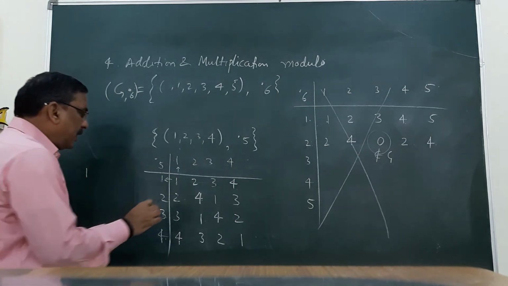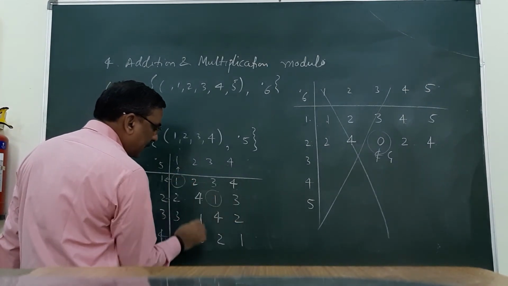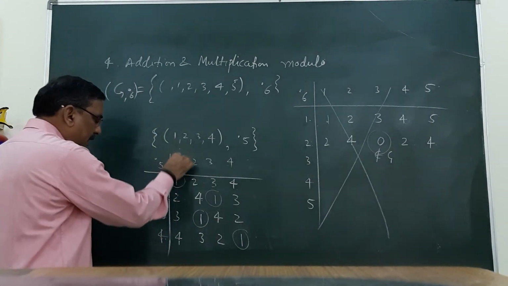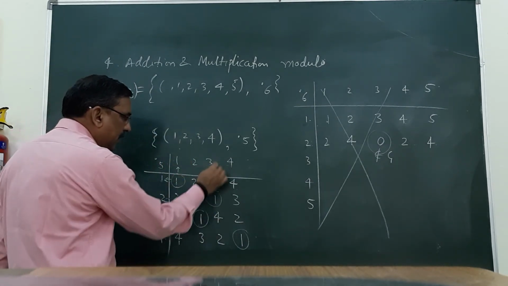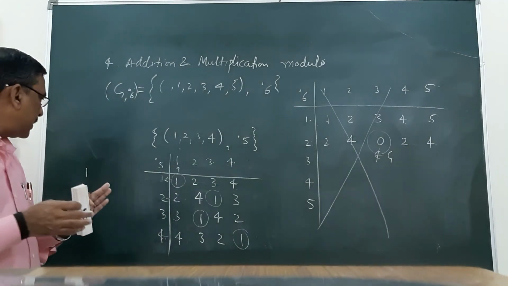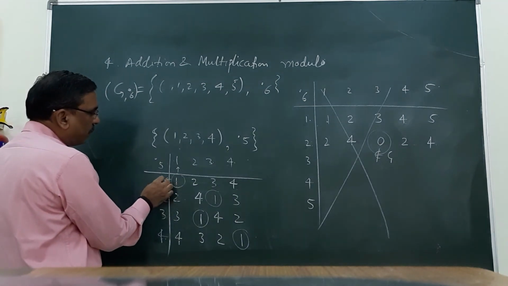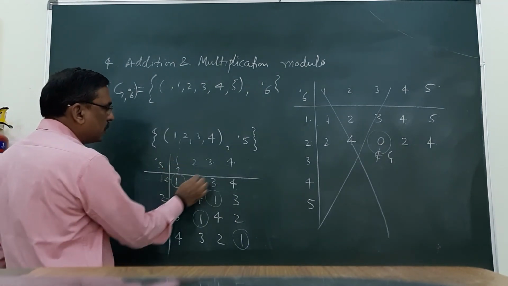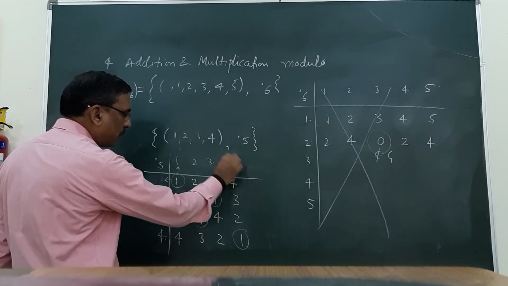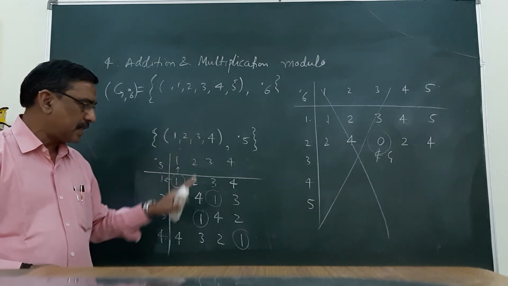In each row and each column there exists an identity element, so the inverse of each element also exists. The inverse of 1 is 1, the inverse of 2 is 3, the inverse of 3 is 2, and the inverse of 4 is 4.